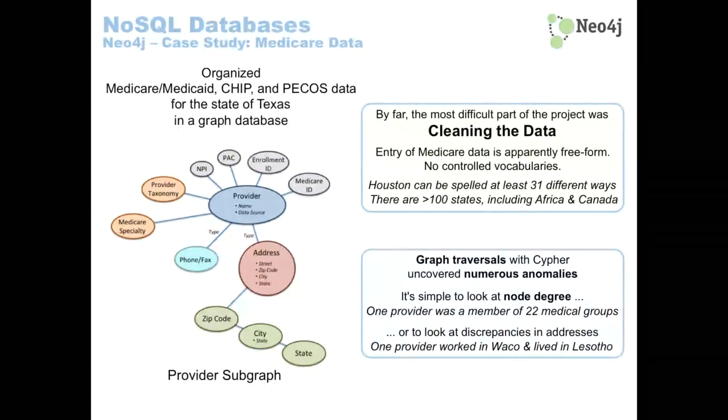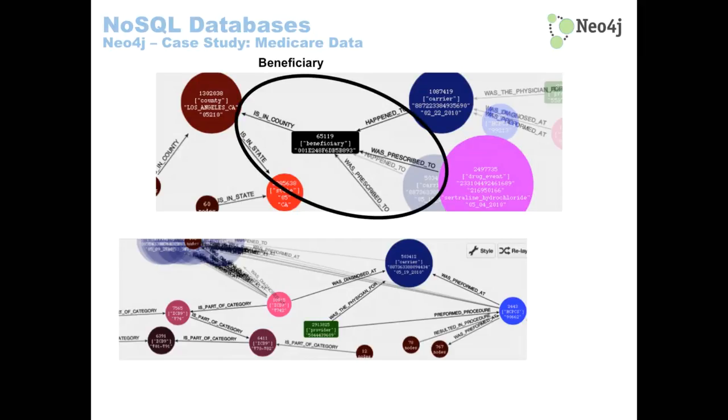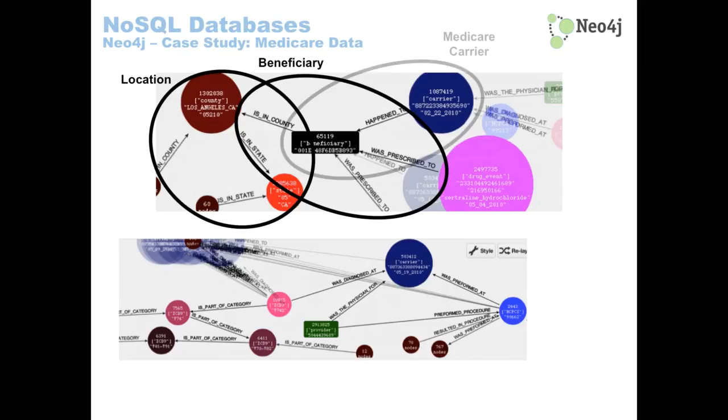So these are some actual screenshots that we took from the Neo4j graphs associated with this, and you can see here some information about a particular beneficiary, and over here there's location information, so we could collect all of the information about beneficiaries in a particular city or zip code.